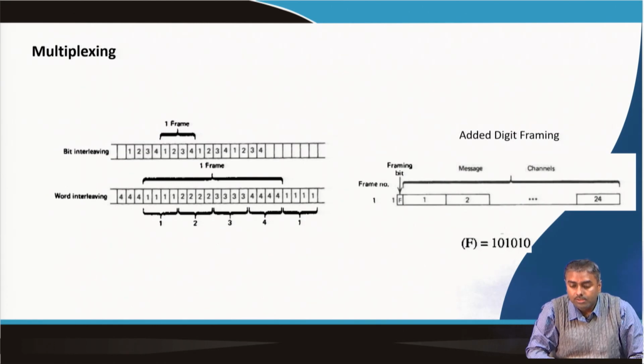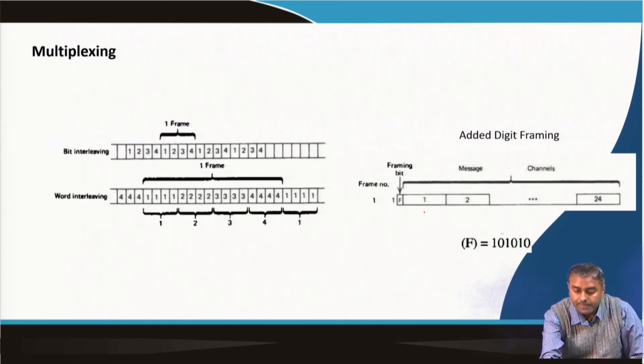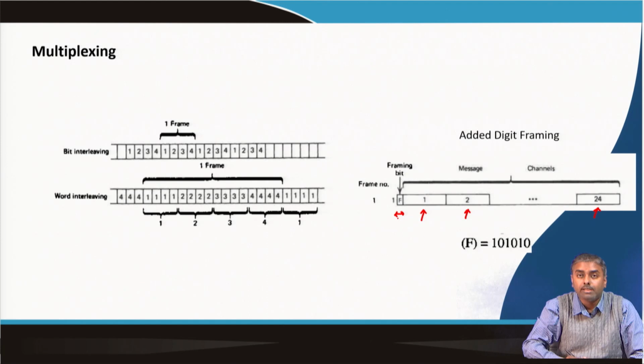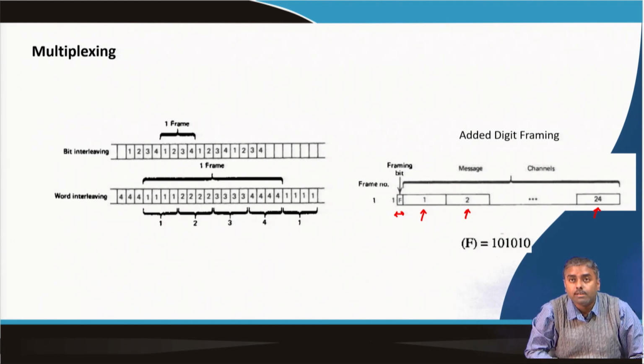As you can see in this diagram, this is channel 1 followed by channel 2 and so on up to channel 24, and we have also discussed the framing bit, which is an important criterion. So, 24 channels of 8 bits is 192 bits, and 1 bit for framing, which follows a sequence, 1010 10.